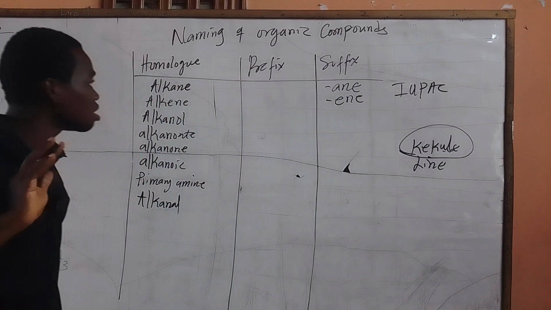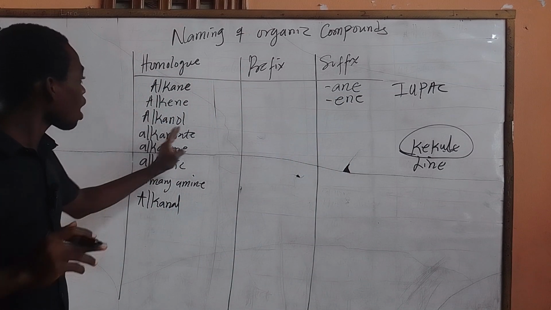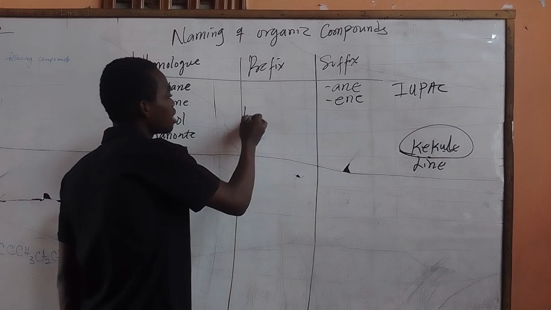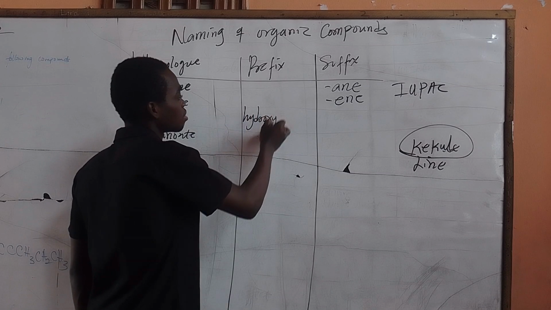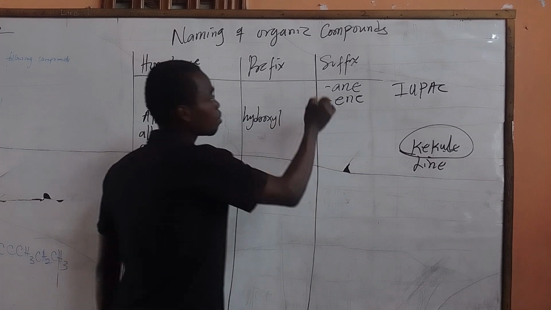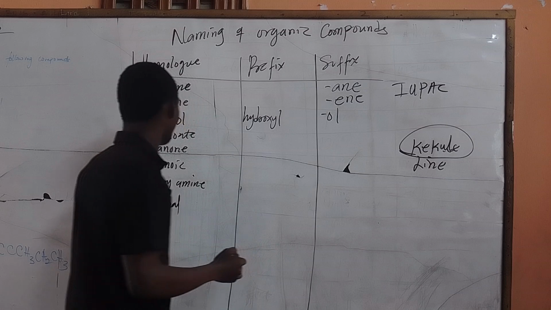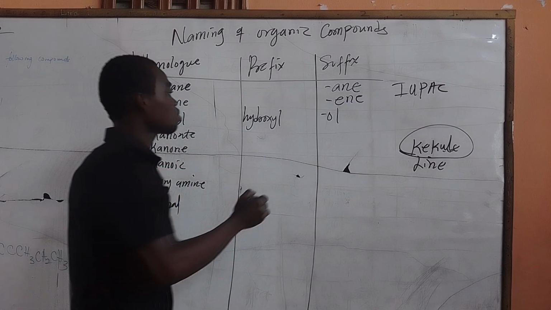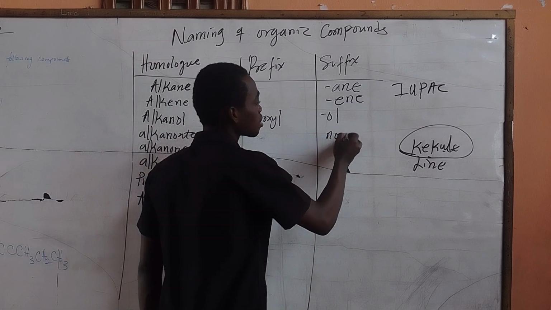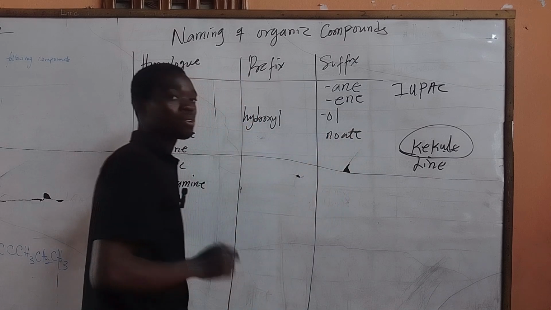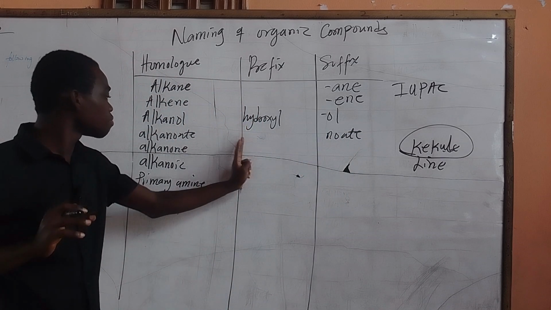They don't have any prefix. For alkanol, we have the hydroxyl, and for the suffix, we have the ol. For alkanoate, we just have the noate. They don't have any prefix.